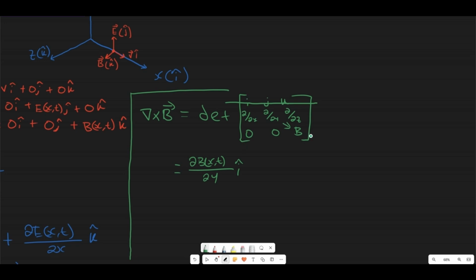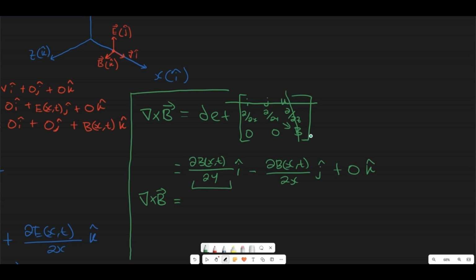Next, for the j direction, we block out the j column, and it will become a minus, so minus partial B of x,t by partial x, and then the other product becomes 0, so j hat. For the k direction, block out that entire column, and both products end up becoming 0, so we just write plus 0 k hat.